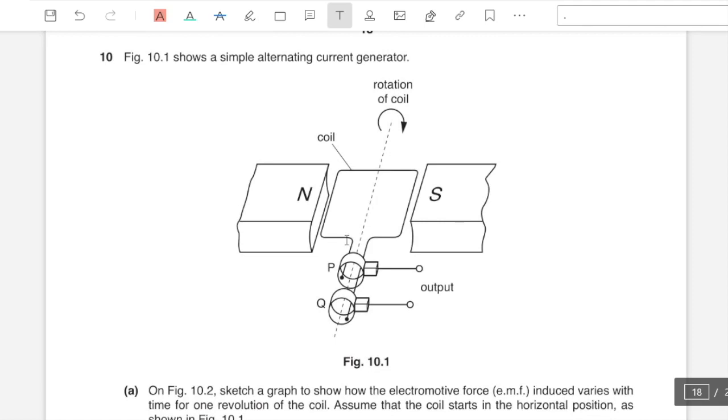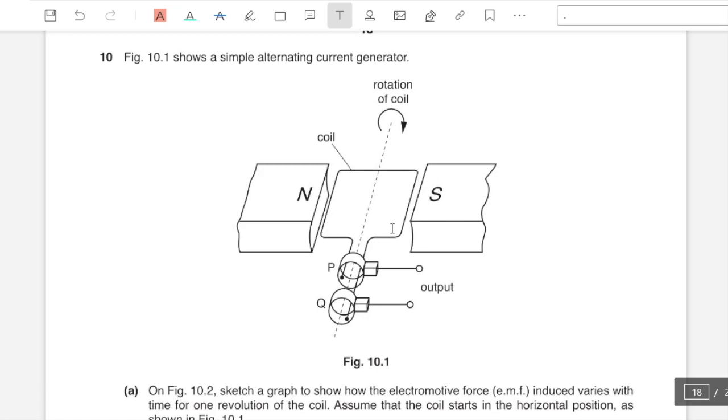Alright, so this is a position of angle 0 degrees when the coil is supposed to be horizontal. Once it gets into this vertical position, it completes only a quarter of the cycle and forms the 90-degree angle. So when it comes into the vertical position, it no longer cuts any magnetic field lines between these two poles.